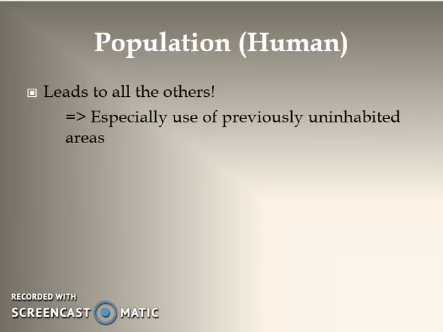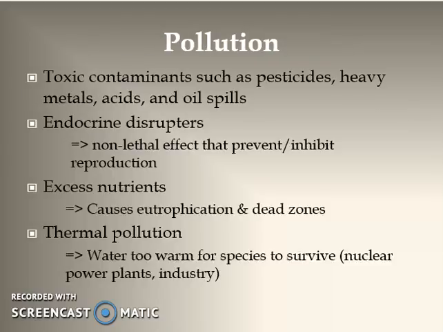If you have more people, you're going to make more pollution. If you have more people, you're going to use more fossil fuels and release more carbon, and that's going to create climate change. And if you have more people, you have to feed them, so you're going to probably have more overharvesting. So anytime you talk about a human population increasing, it's going to result in a loss of biodiversity. And as long as you can make that connection, that's going to score you points.